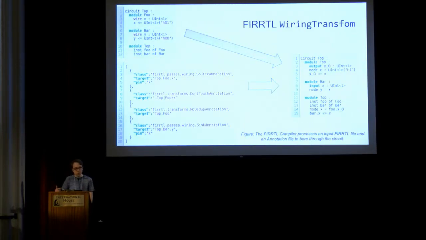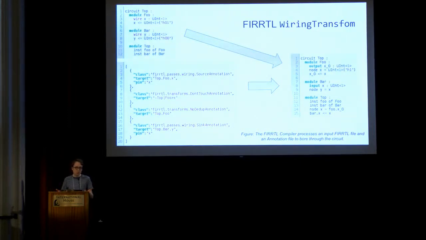Switching gears from Chisel time to FIRRTL time, these annotations are picked up by a transform called the wiring transform. It looks through my circuit and sees that the user told me I should wire up top.foo.x, that's my source, and connect it to top.bar.y. Fantastic.